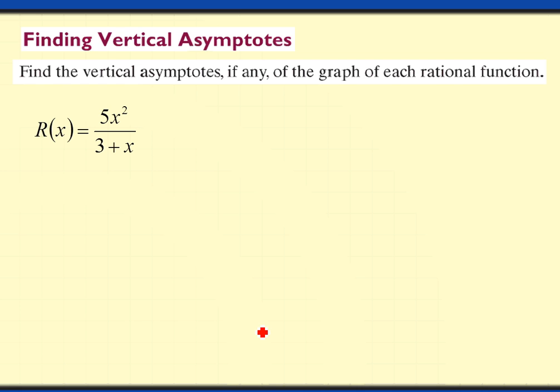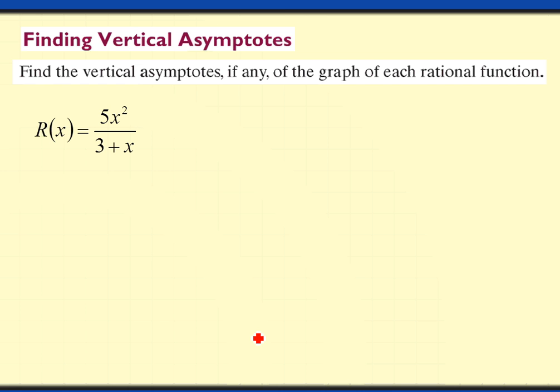Okay, finding vertical asymptotes. The idea behind a vertical asymptote is really simple. A vertical asymptote is a vertical line through any x values that are not in the domain of the function. And that means if they're not in the domain of the function, they're values of x that cause the denominator to be 0.